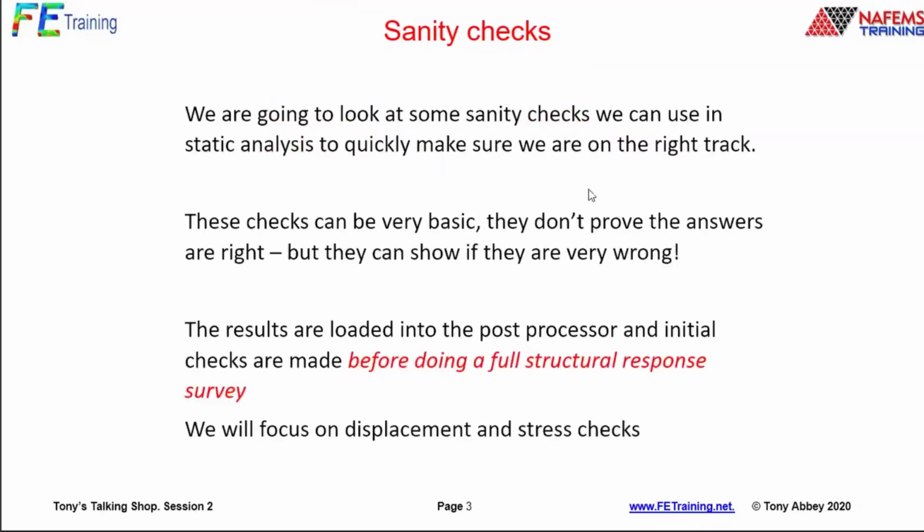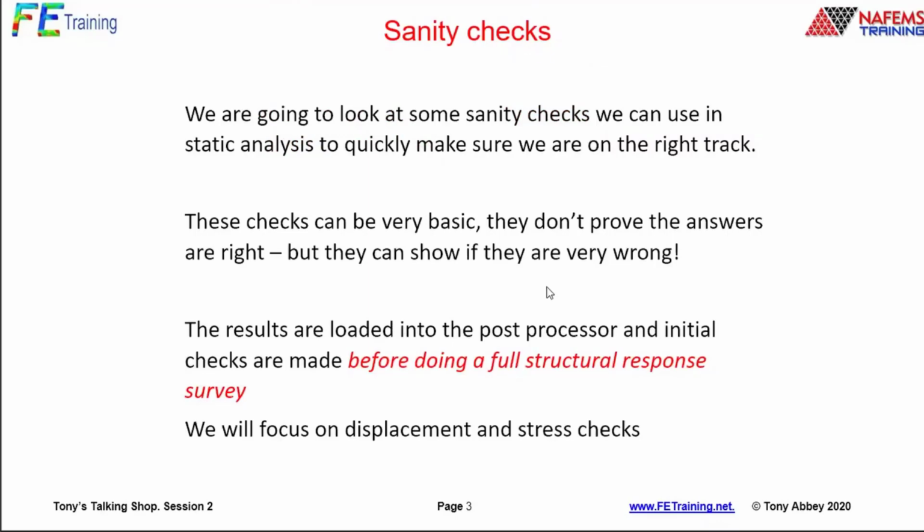So what we're looking at here is the sanity checks which we're going to use, and I'm focusing here on linear static analysis, just to make sure we're on the right track. The idea is that these checks are very basic. They don't prove the answers are right, but they hopefully will show if they're very wrong, if we've got the wrong idea, something fundamentally flawed with the model.